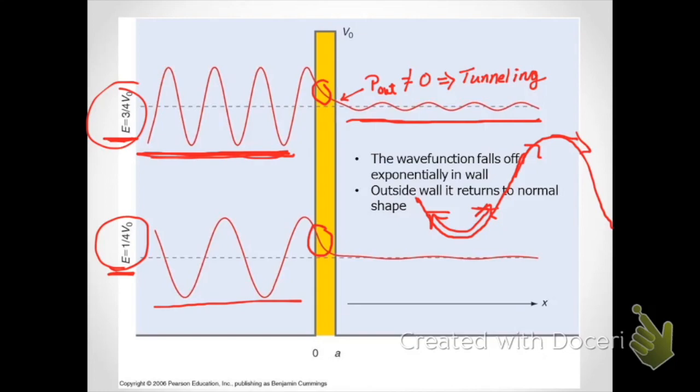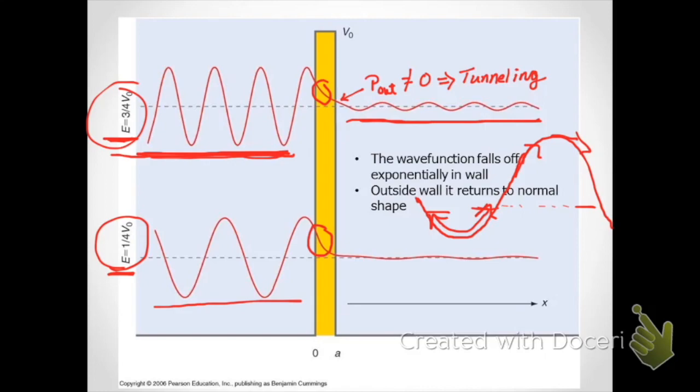This is a situation that we would expect classically if the total energy is less than potential energy. It can't get over the barrier. But what we're saying is that somehow, even if the total energy is less than the potential energy, there's a finite probability that we might find it beyond this barrier. Again, we'll never find it inside the barrier, and remember we talked about this earlier, we can't say anything about particle trajectory in the absence of observation.